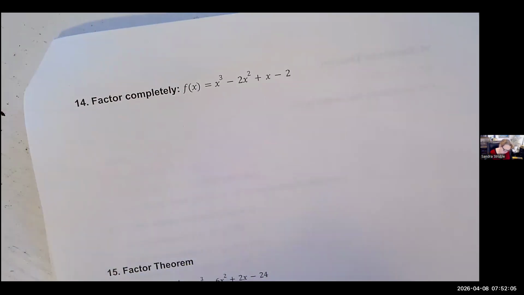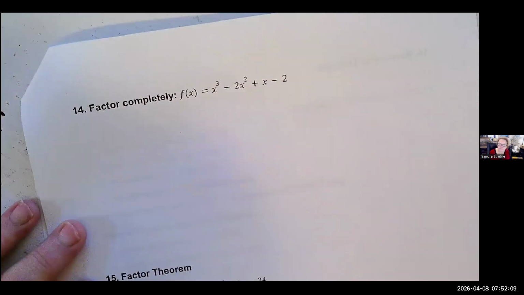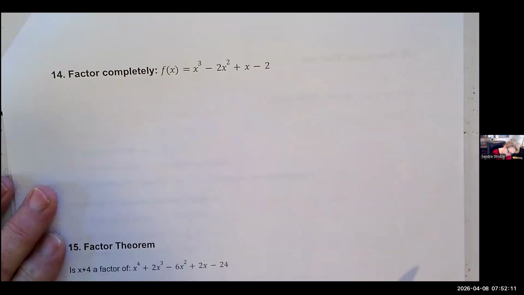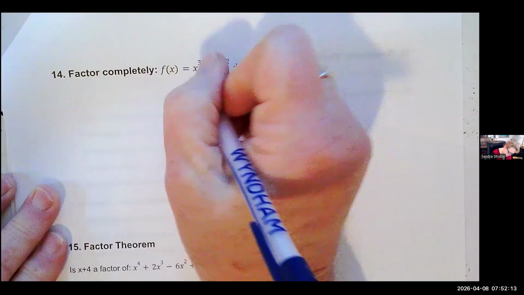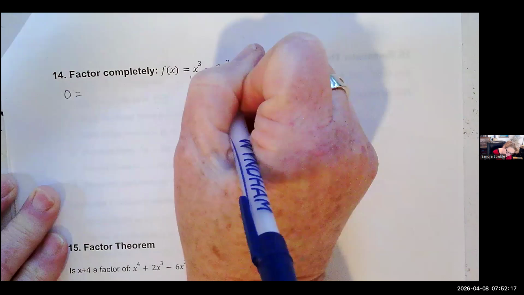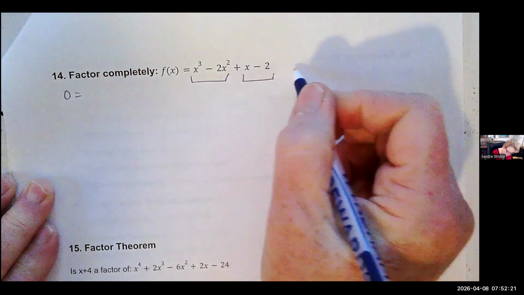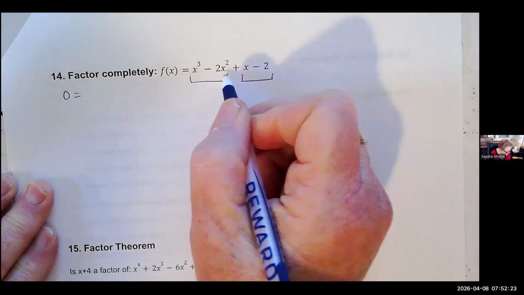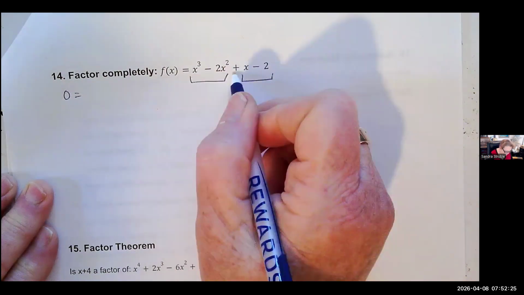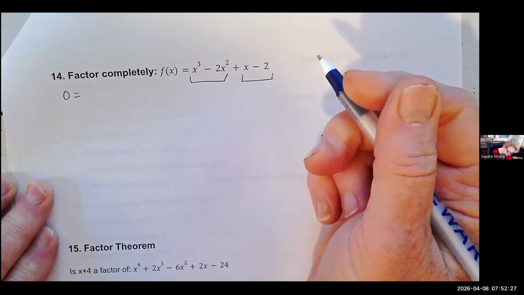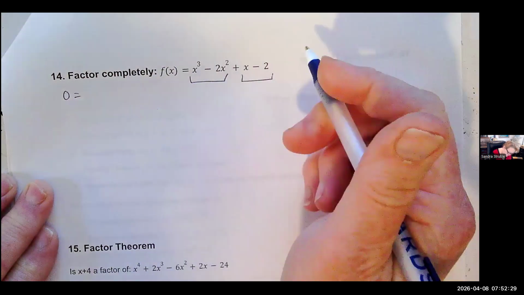Okay. Factor completely. Okay. So we've got 0 equals. Look at the first two, make sure they're in order from highest to lowest. There's 4 terms. So I've got a couple different options I could do here. I'm going to go ahead and do this. X squared is in common.